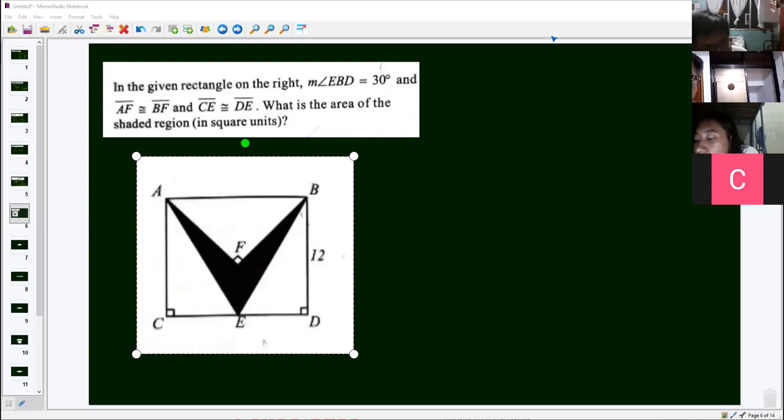JC, you're mistaking this as a square. Sabi rectangle to. It's a rectangle.